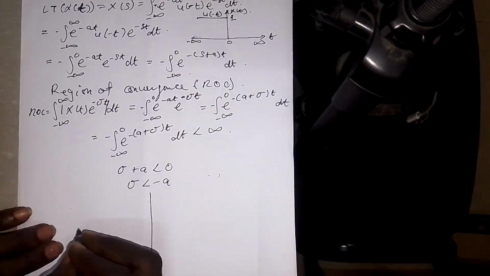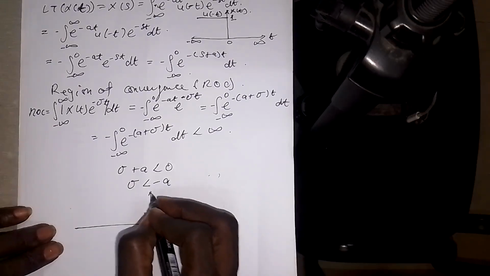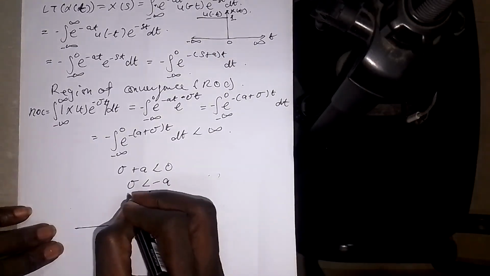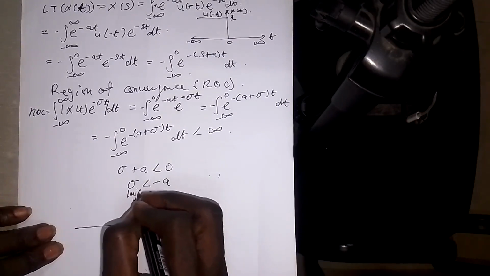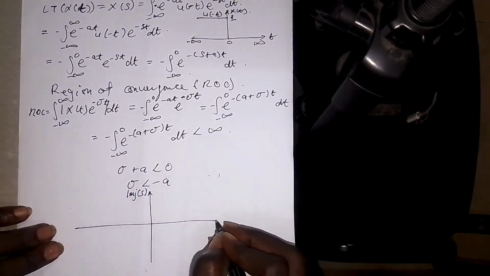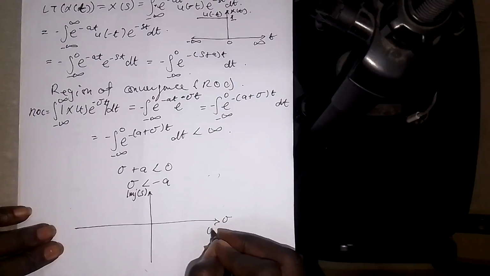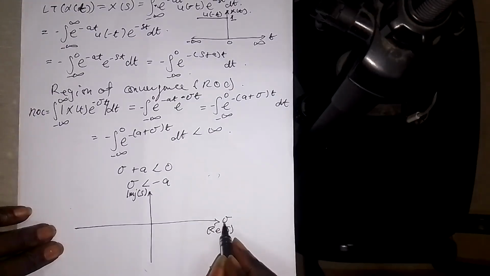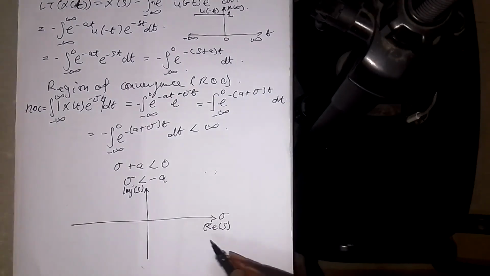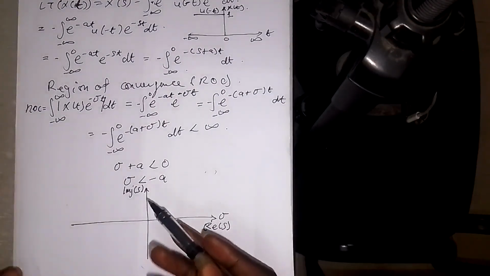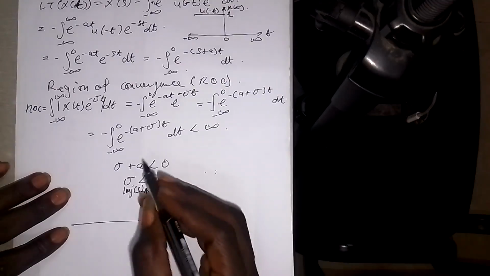Now from here, I can draw my s-plane. So this is my s-plane. Here is imaginary of s, and here is sigma, which is real of s. Another name for sigma is real of s, and another name for jω is imaginary of s.